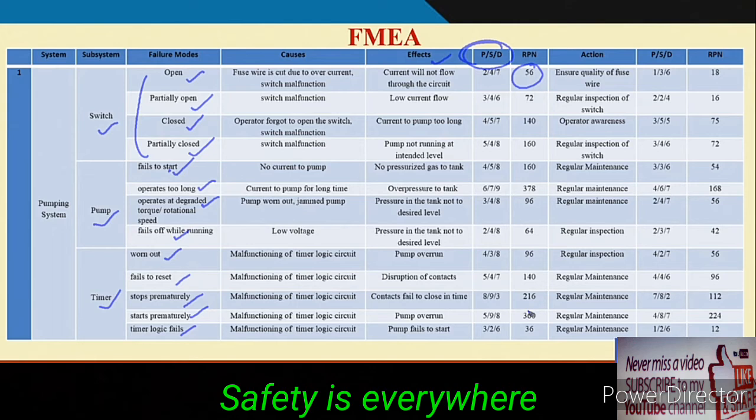So maintain the status quo. Sometimes we are saying regular inspection; some of these things are already there, some may not be there.